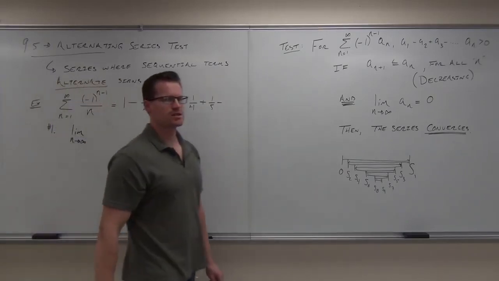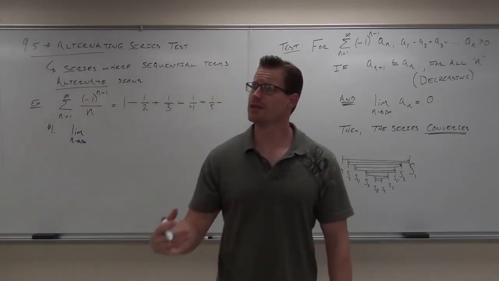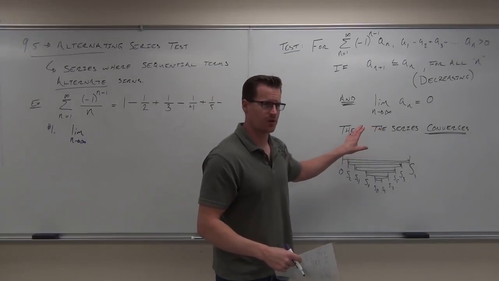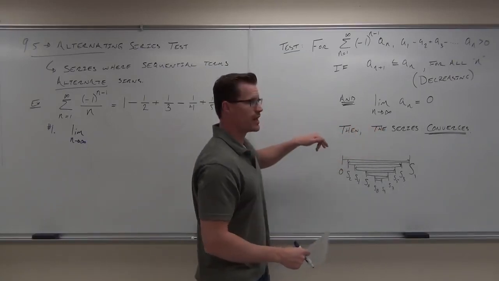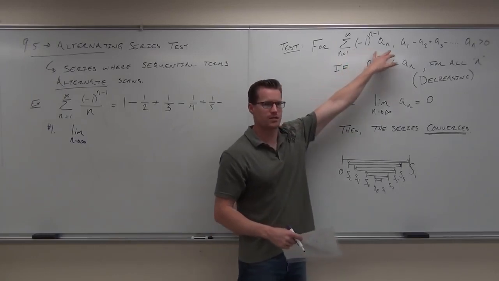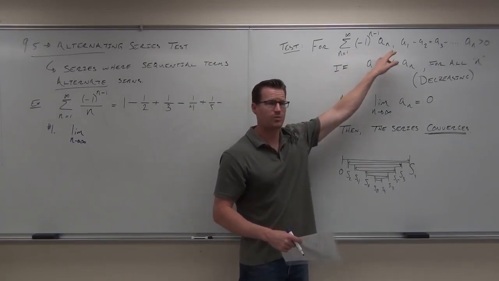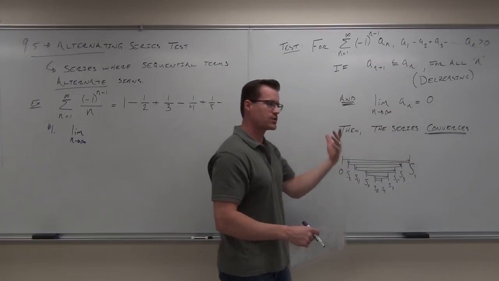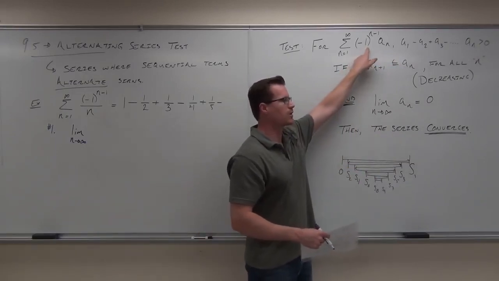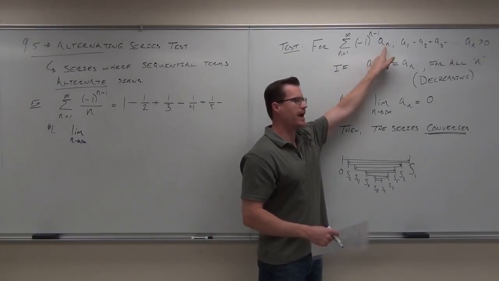Now please listen carefully. When you do your limits and when you check for decreasing, please look up here for right now. When you do that, is negative 1 to the n minus 1 part of your a sub n? No. So basically, we ignore it. That just says it's alternating. So right here we go, okay, you're alternating. Now look at this, the rest of your series. That is your a sub n.